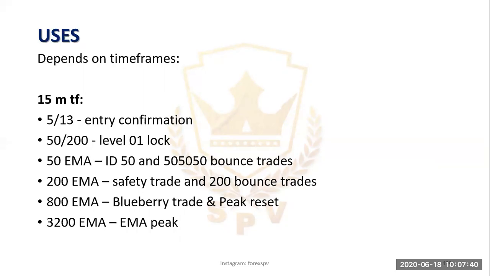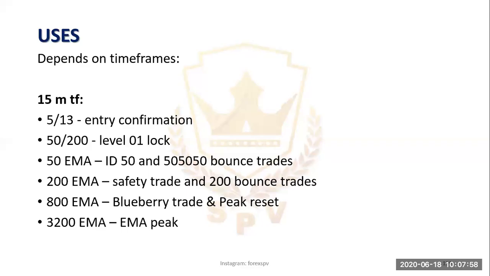The 50 EMA, we use it to take the 50 trade and the 50 bounce trade. The 200 EMA is used to take the safety trade. Safety trades usually occur around the 200 EMA, and 200 bounce trades.